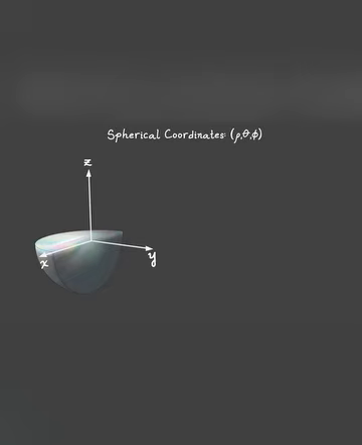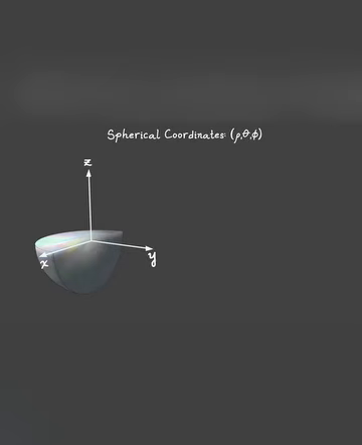Looking back at our quarter sphere, you may have noticed that this isn't the easiest way to find the volume of this solid. In fact, we know that the volume of a full sphere is 4/3 pi r cubed, and a quarter of that would end up being the volume of our solid. The major benefit of spherical coordinates is that we can introduce a fourth variable, our density, and we can talk about the mass of a solid.